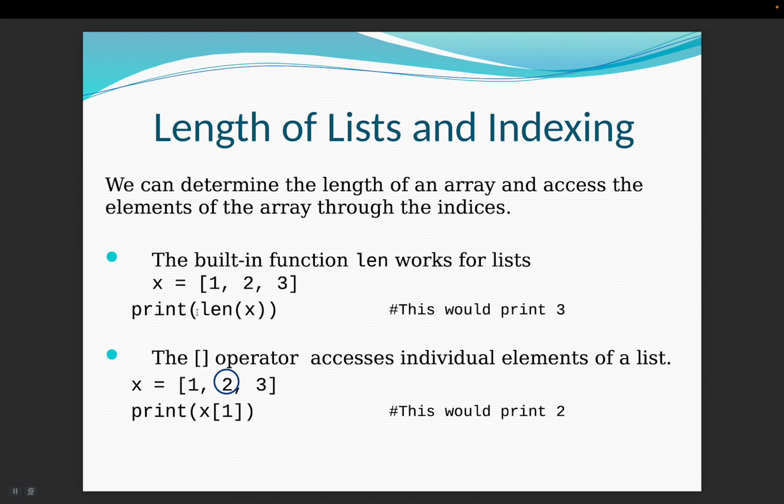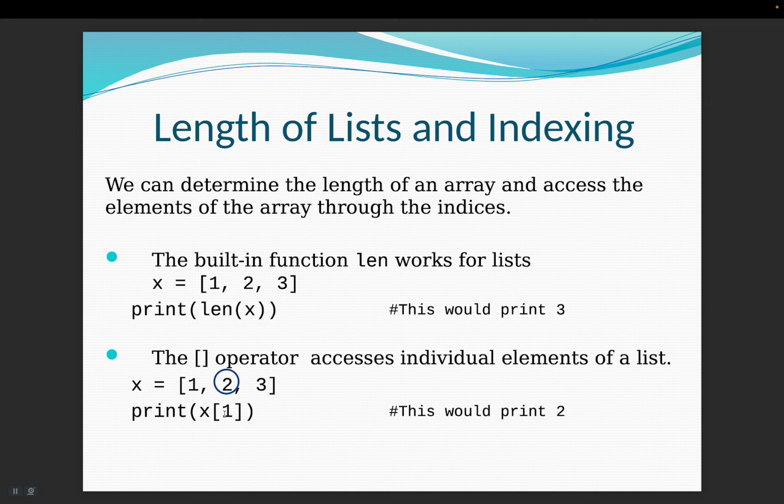So len gives us the length of the list. We have our list X, and we have the items one, two, three: one item, two items, three items. So the length of the list is three. When we use the built-in function len and we pass in the list, it will give us the length of the list. And the square brackets operator accesses individual elements of a list.